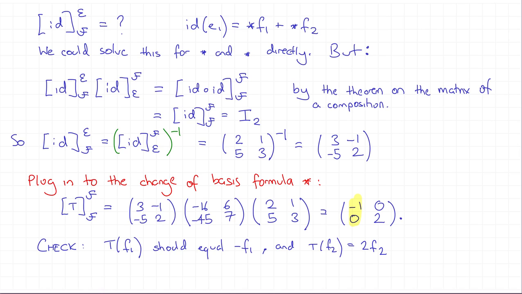So let's see whether one of those is true. We'll work out T of F1. So that is T of 2, 5, which is minus 16 times 2 plus 6 times 5 in the top place, and minus 45 times 2 plus 17 times 5.